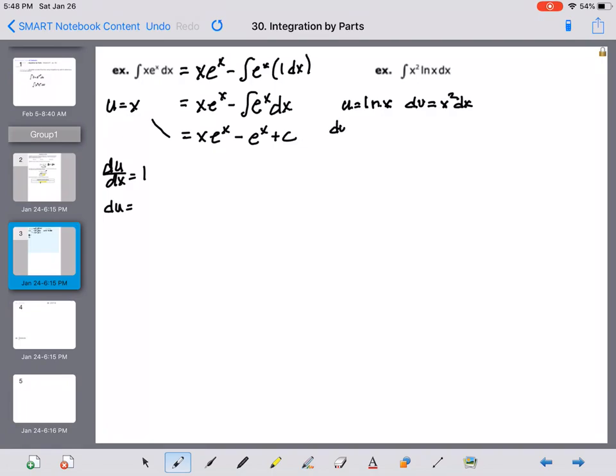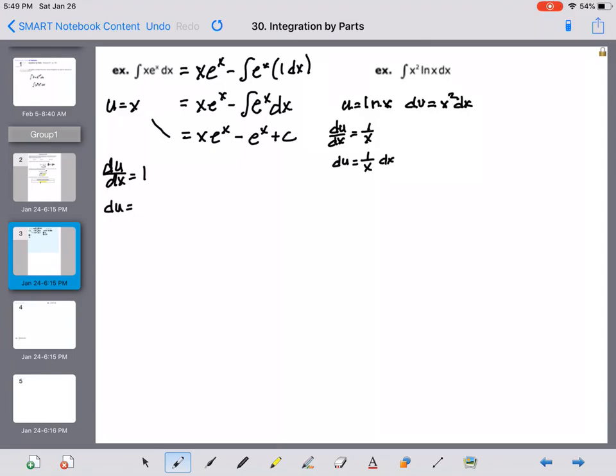So I'm going to get du over dx equals the derivative of natural log x, which winds up being 1 over x. So if I solve for du, I'm going to get 1 over x dx. And I'm always going to be multiplying by that dx. Kind of like in u substitution, we always did that certain thing as a result of this process. So we can start going straight there if we want.